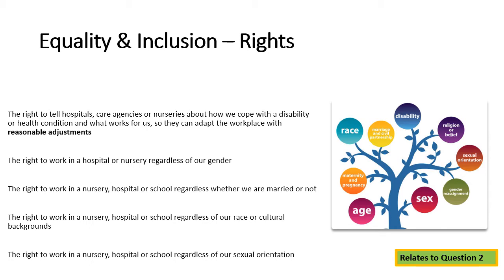Sometimes you may hear people use the example of safeguarding, because when we talk about abuse, they may think, well, I don't want a man changing my child's nappy, but as many women can abuse children as many men. So you have a right, no matter whether you're male or female, to work in a nursery, and the same as a hospital.